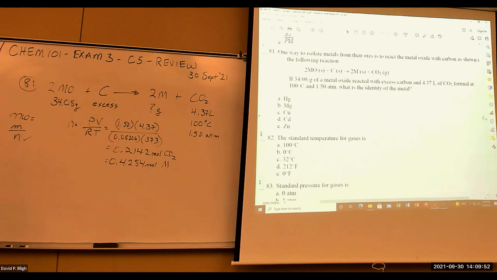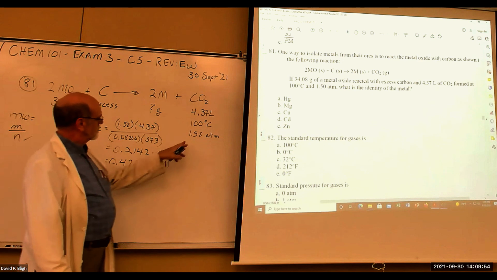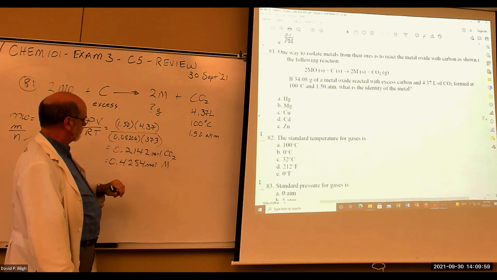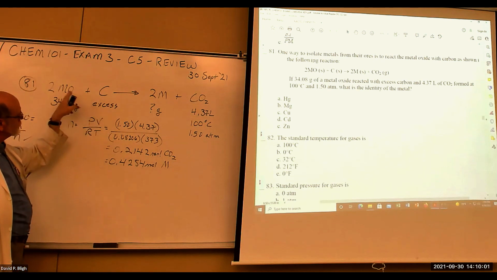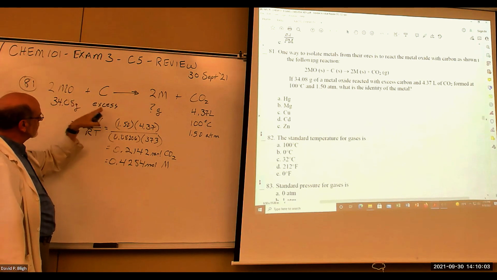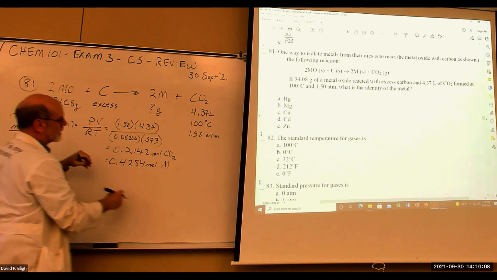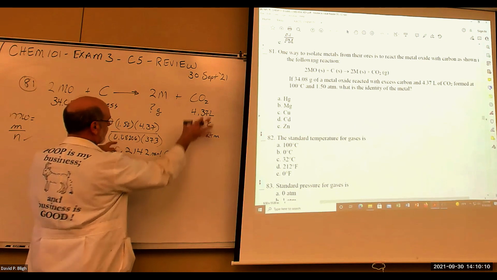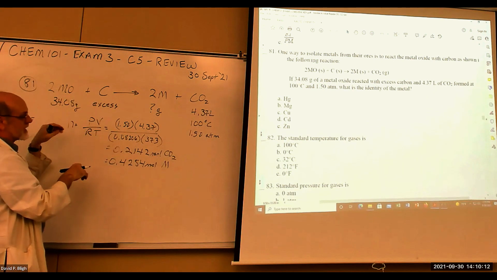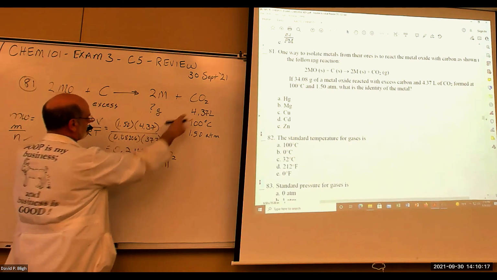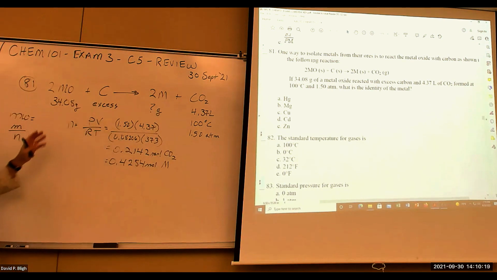We could do it that way. We could determine what mass is represented here because we know the moles, then convert the moles used here to mass, and that will give us the total. And we have this amount, and Lavoisier says that the total on both sides has to be equal. So this minus that would be this. That would work. But I'm pretty sure there's a simpler way.